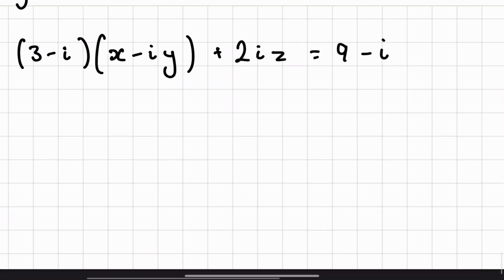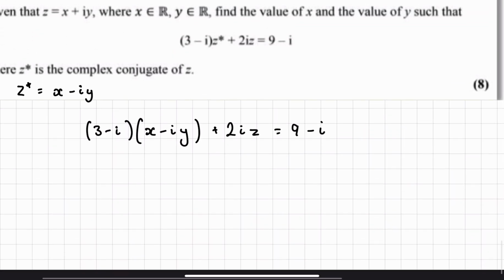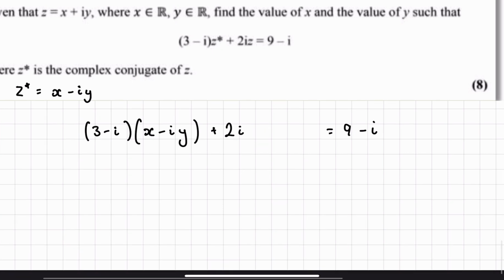I'm going to zoom in here. So my initial thinking here is I'm going to replace the z with x plus iy. So let's have a look.